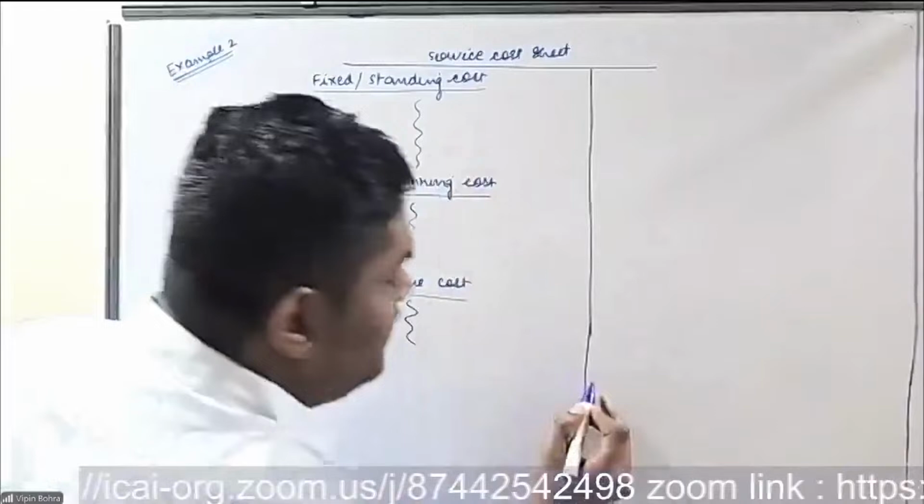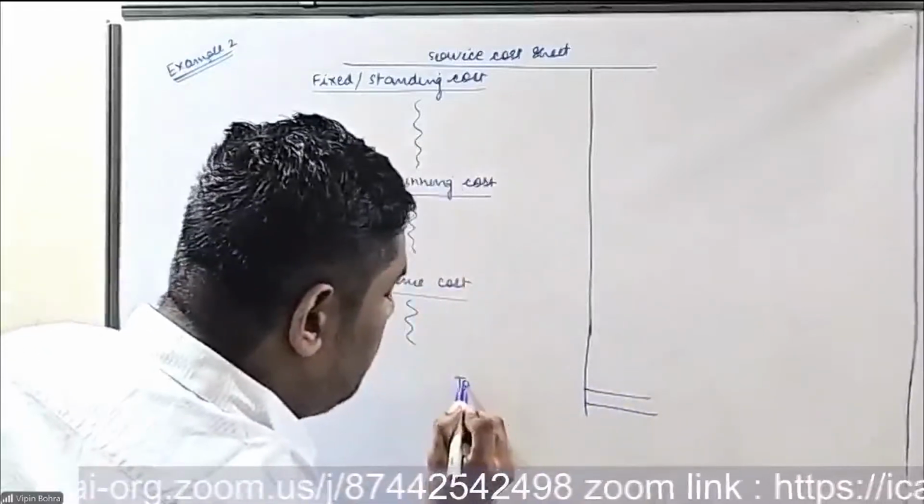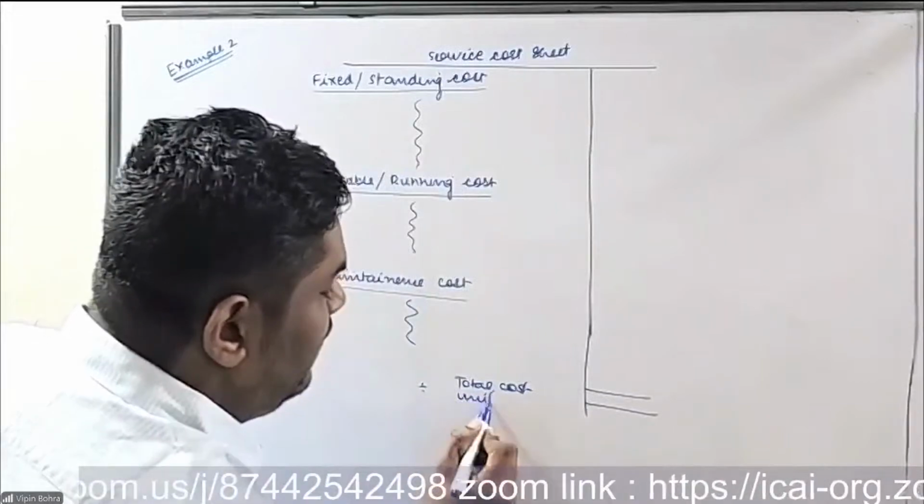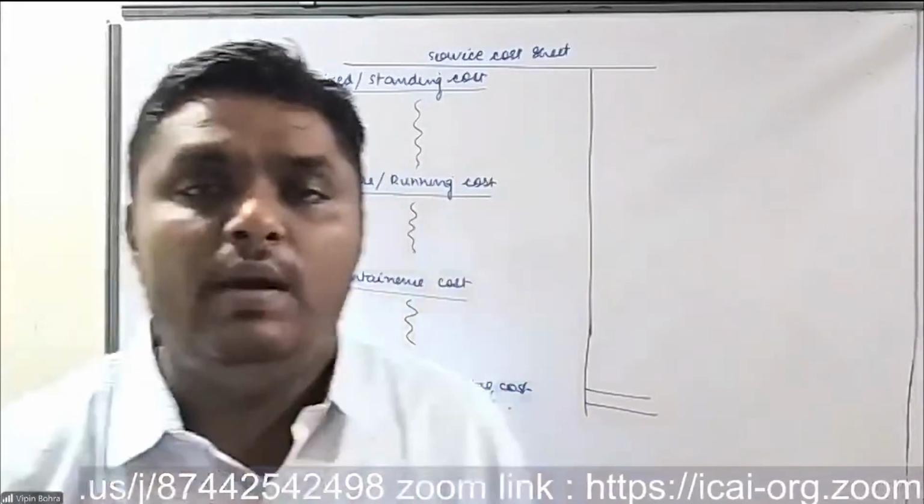The total of these three will be my total cost divided by units. It can be either a single unit or a composite unit.